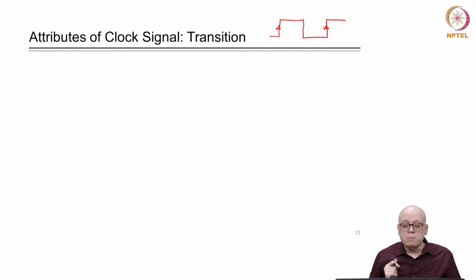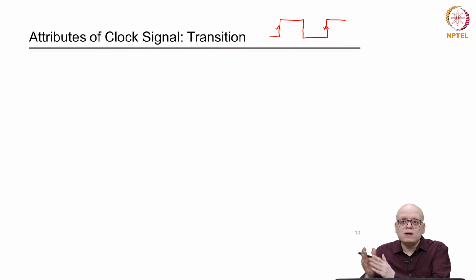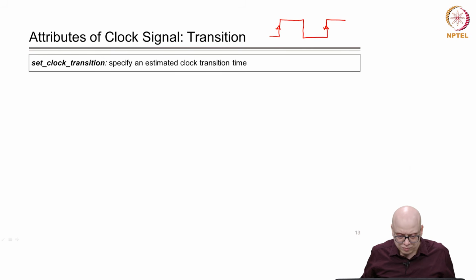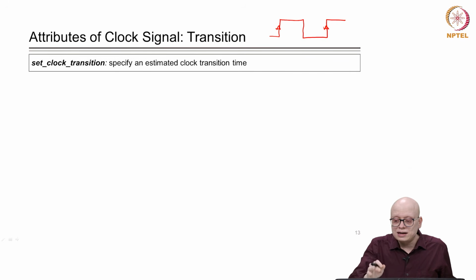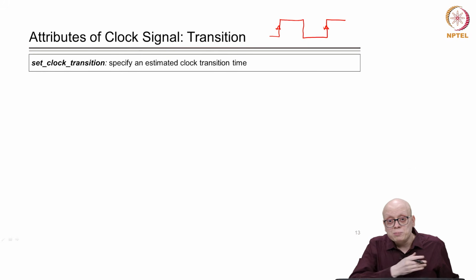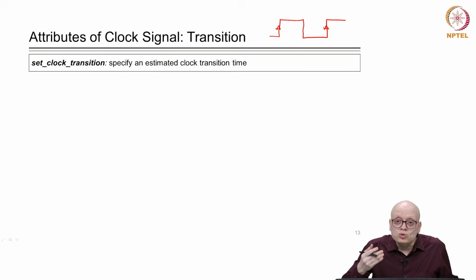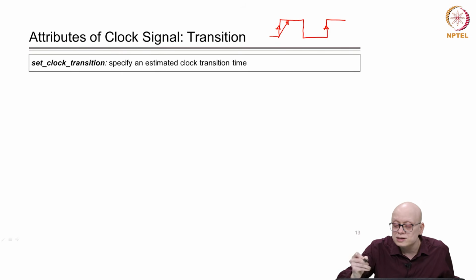But in real design, as the clock signal propagates through our design and undergoes delays and other things, even though at the clock source the clock signal may be ideal, as it propagates it will undergo delay and distortion in the waveform, and the edges may have gentler slopes, like this and so on.